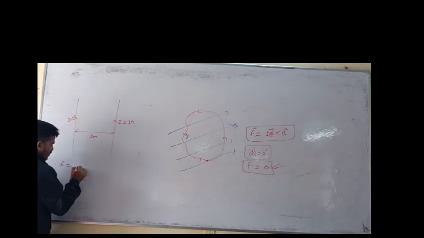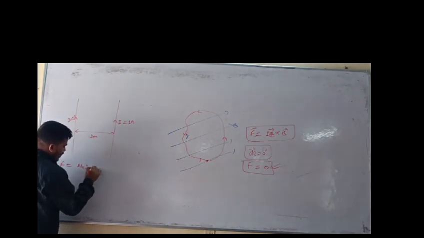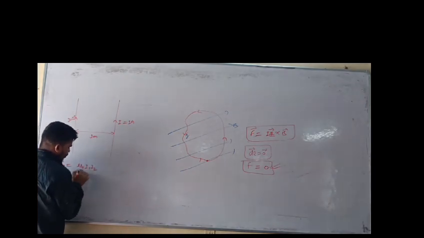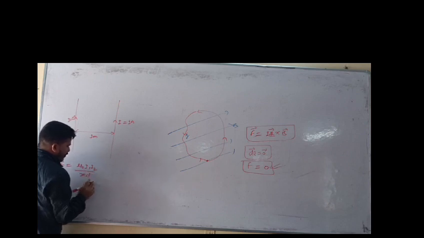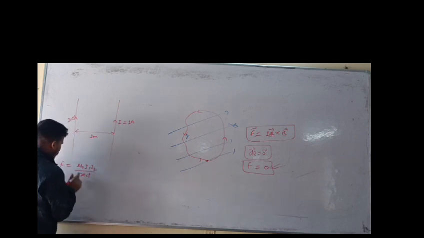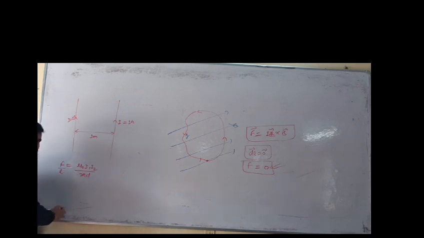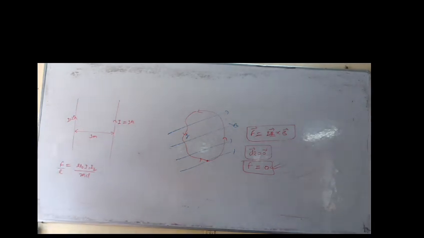What will be this force? Mu naught I1 I2 upon 2 pi d. But what about length? Take per unit length. Because I already told you, if you are not taking per unit length, it will give different forces. Yes or no?